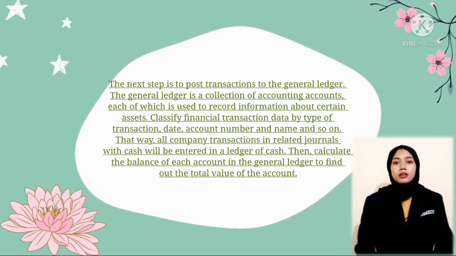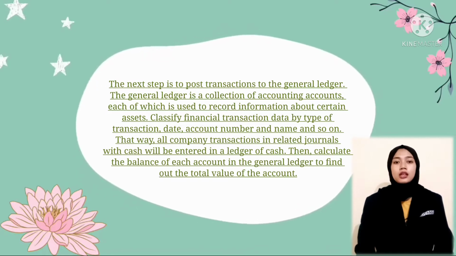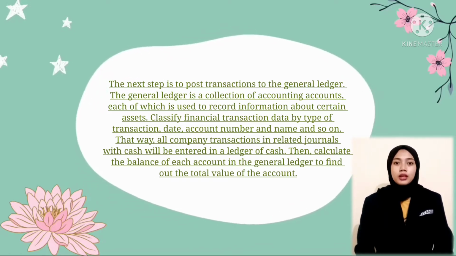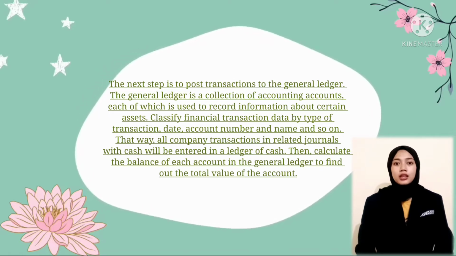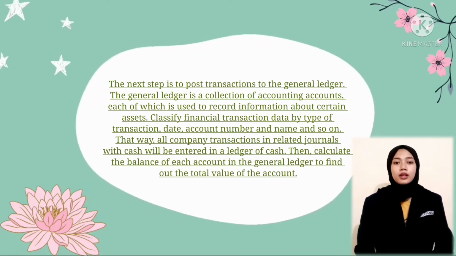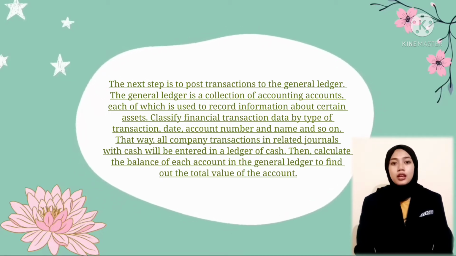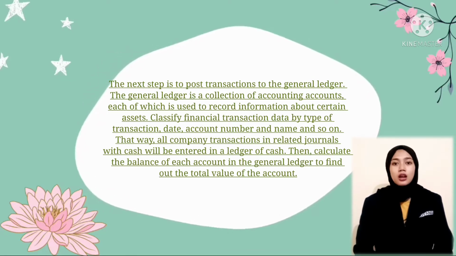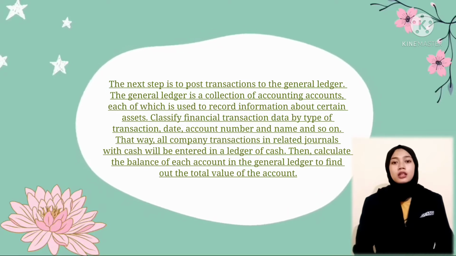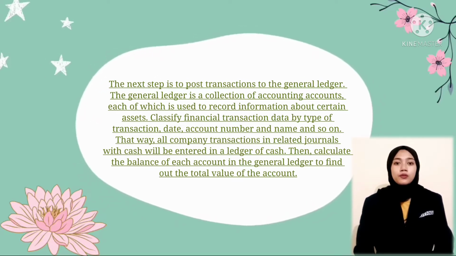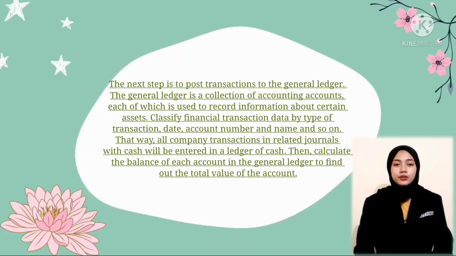For example, a company transaction in the related journal with cash will be entered in the ledger of cash. Then calculate the balance of each account in the general ledger to find out the total value of the account.